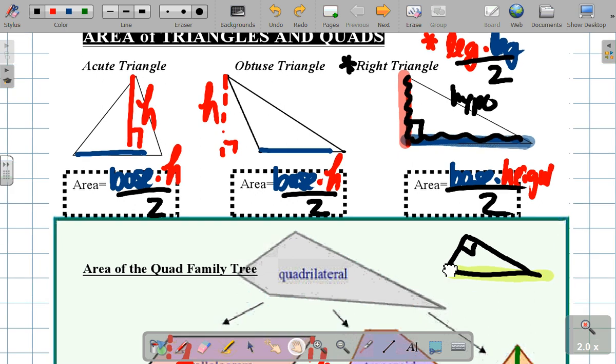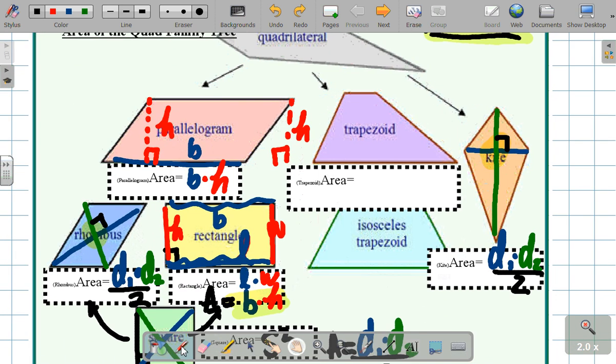Last one, trapezoid is basically 2 different triangles. So we're going to add the bases times the height. That's it. Go to today's lesson.